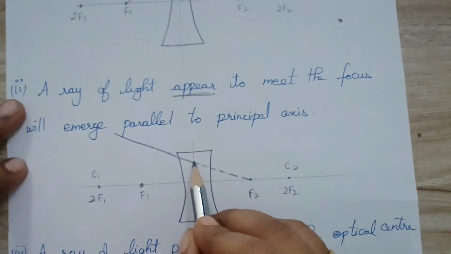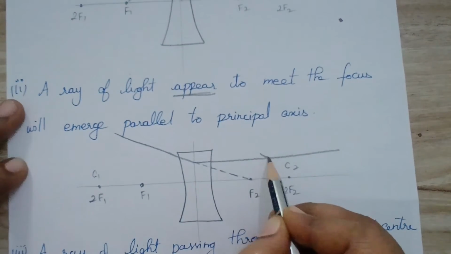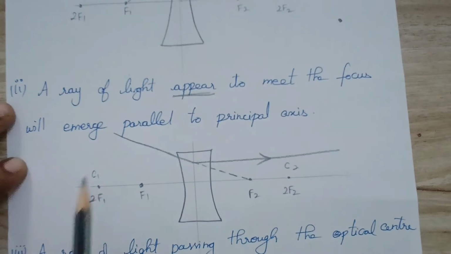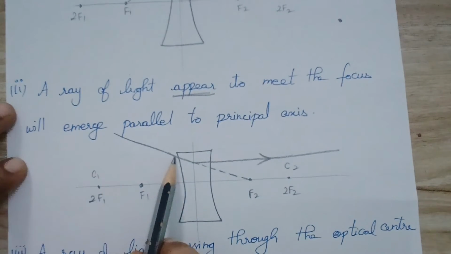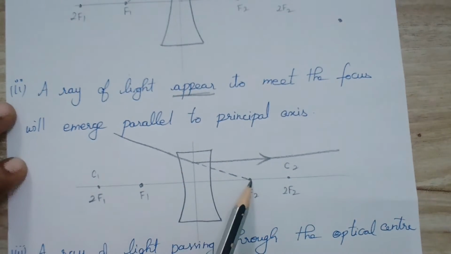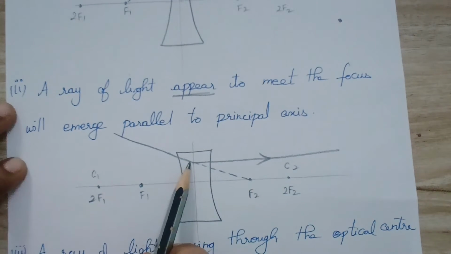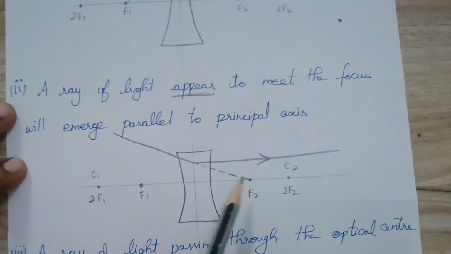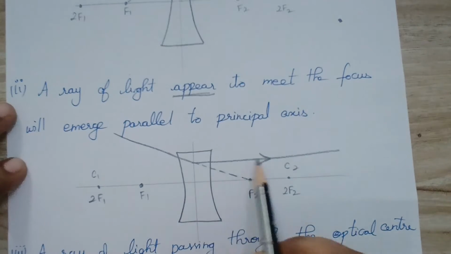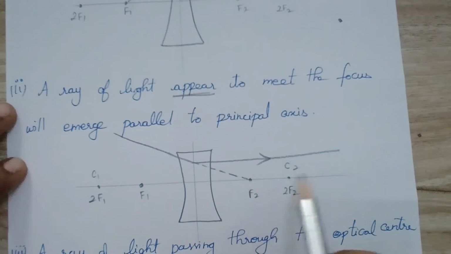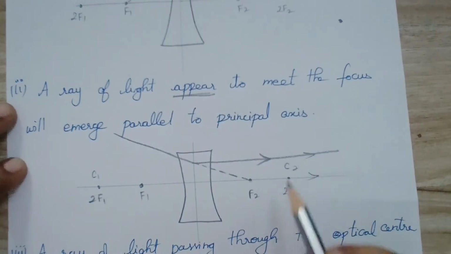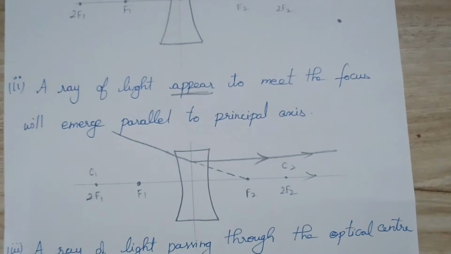This is your principal axis and it will be parallel to it. It is not actually meeting at the focus point, it appears to meet at the focus, and it will emerge out parallel to the principal axis. Okay, this is the second rule.